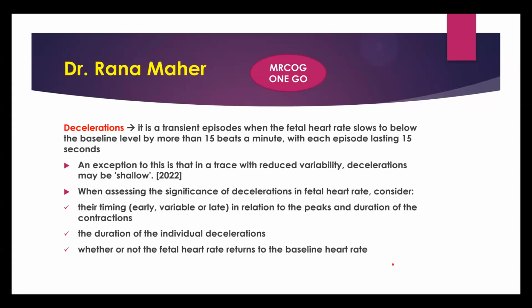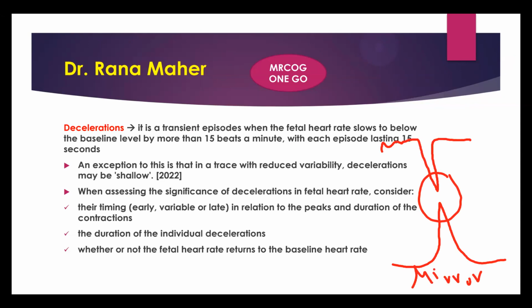If we have the contractions here, and this is the contraction, and here this is the fetal heart rate, and we have the deceleration just in front of the contraction, it's like a mirror. At this time, this is early deceleration.